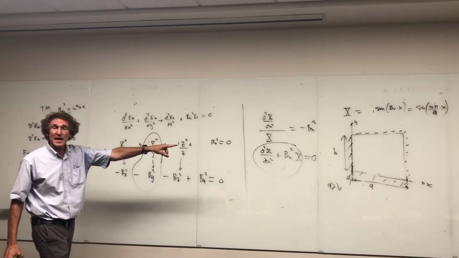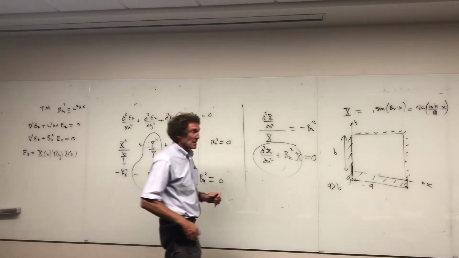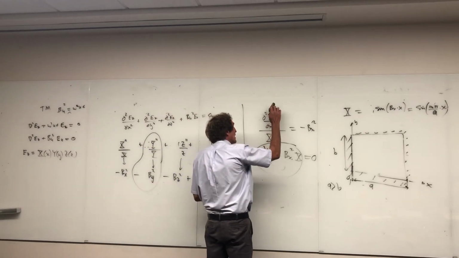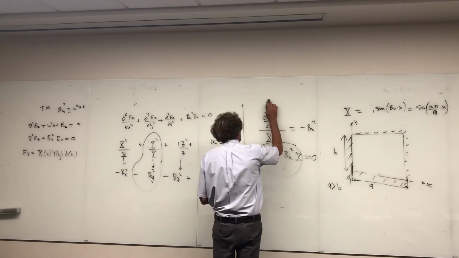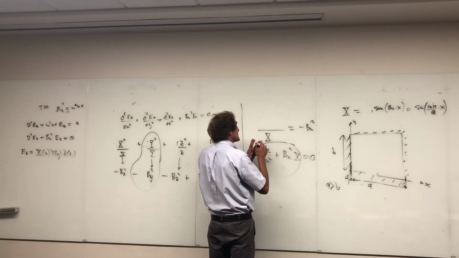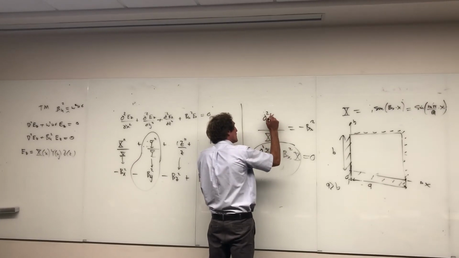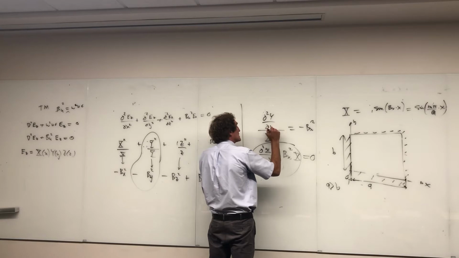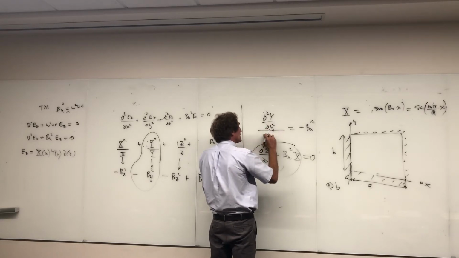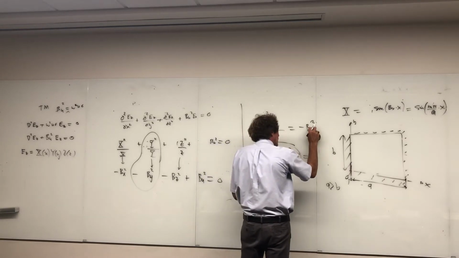So now for this one here, I'm going to simply change that x to a y. And instead of beta x, it's beta y. You follow me? So I'm going to say, right here, this is going to be the second derivative of y with respect to y squared, and that is equal to beta y, not beta x.